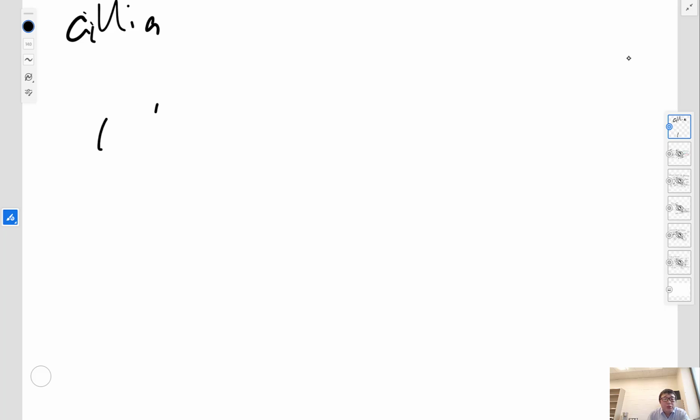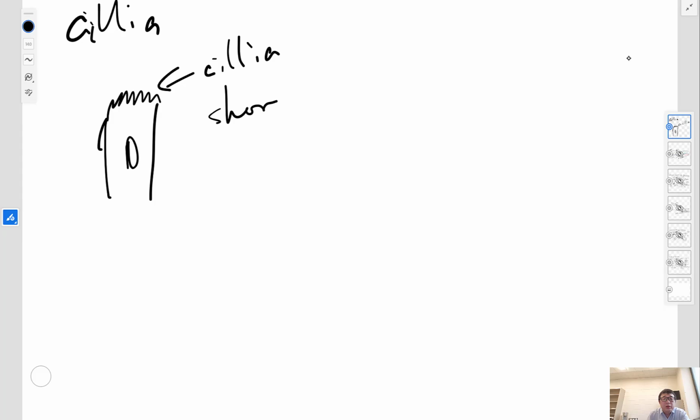The only difference is that, for example, this is a cell full of cilia. They are short and numerous. Cells that carry cilia always have the cell surface full of cilia. What's the function? Cilia mainly exist in three places. The one we mentioned previously is the ependymal cells.